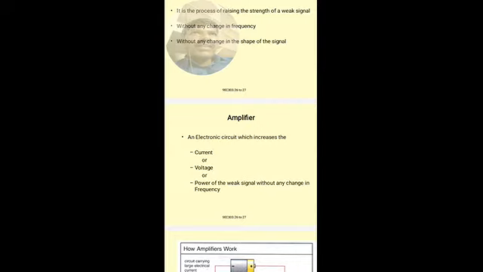If it increases the power of the weak signal, then it is called a power amplifier. Later we will study in detail about these amplifiers: current amplifier, voltage amplifier in feedback amplifiers, and power amplifier in the chapter on large signal amplifiers, power amplifiers.